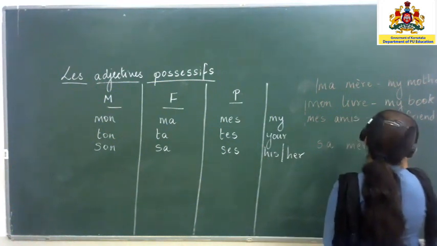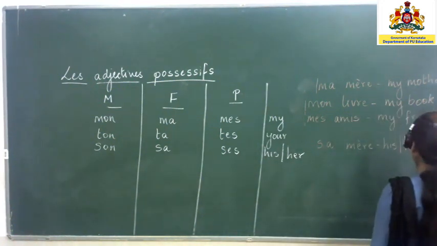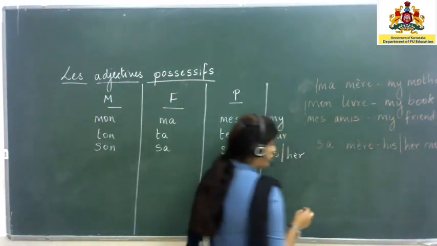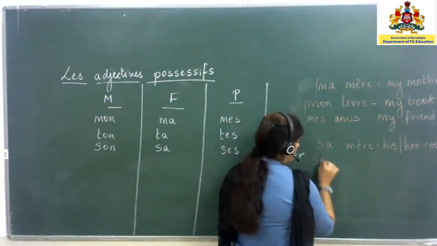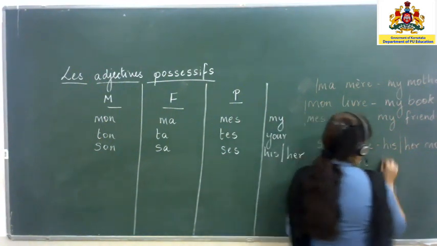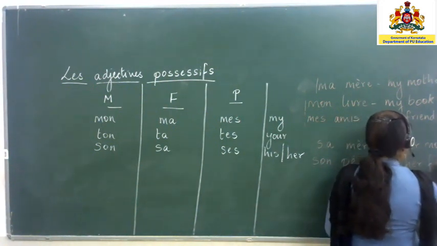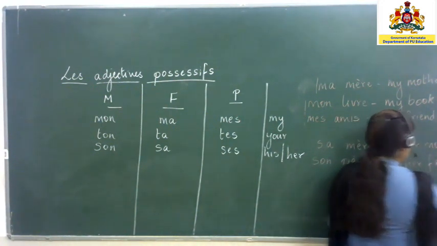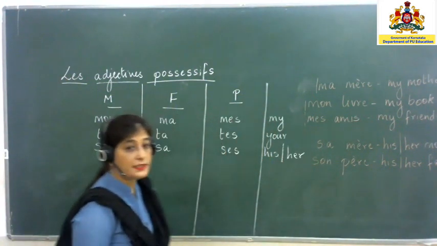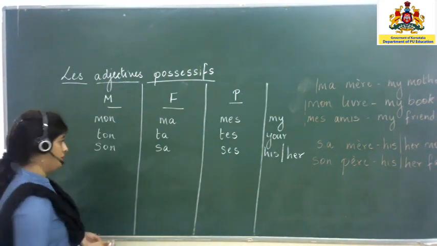So this can be written as his or her mother. If I have to say his or her father, father is masculine. So son père, his or her father. Depending on the context, you can translate it. Got it? So son means his or her, sa means his or her, ses means his or her.